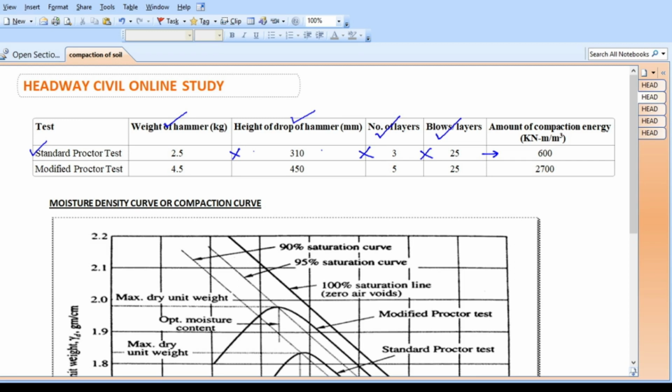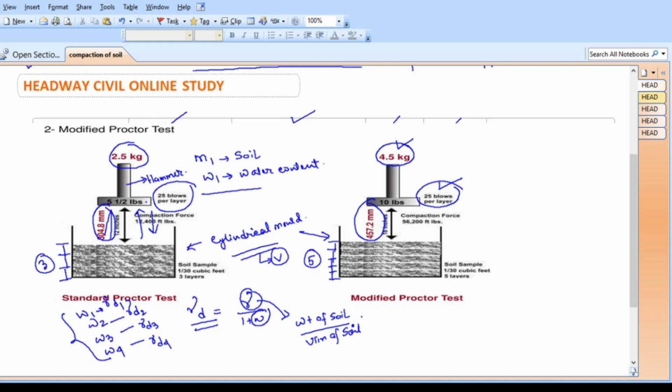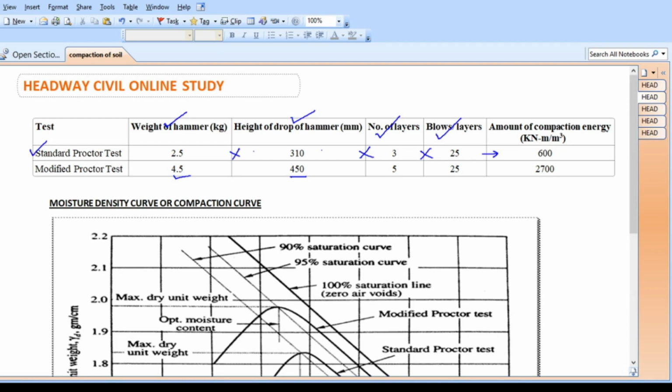And in the modified Proctor test, I already told you the weight of the hammer is 4.5. The height of free fall, the accurate one is 457.2 mm, but I just approximated the value as 450 mm. Remember this value because it is difficult to remember otherwise. The number of layers is 5, and each layer is subjected to 25 blows.